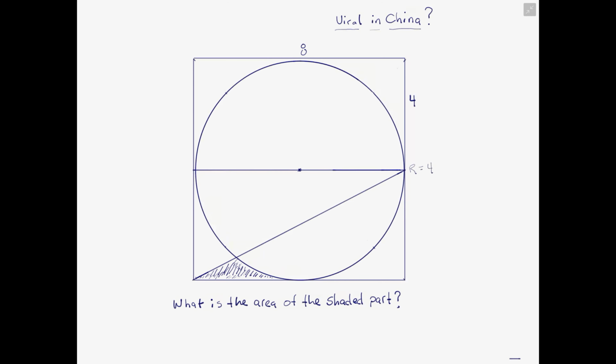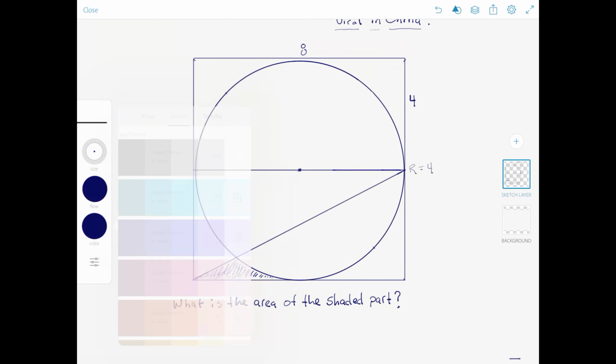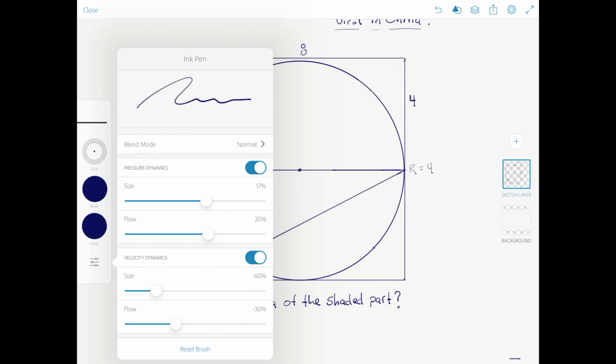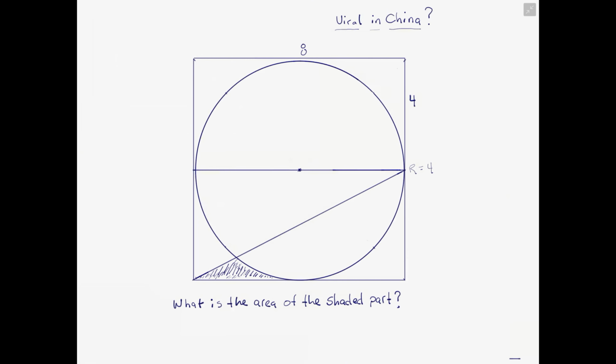Now, look at how this problem is presented. We have the shaded area down at the bottom on the left-hand corner. We have the circle inscribed inside a square, and we have a diagonal section that's cut from the radius r over here, which happens to be 4.